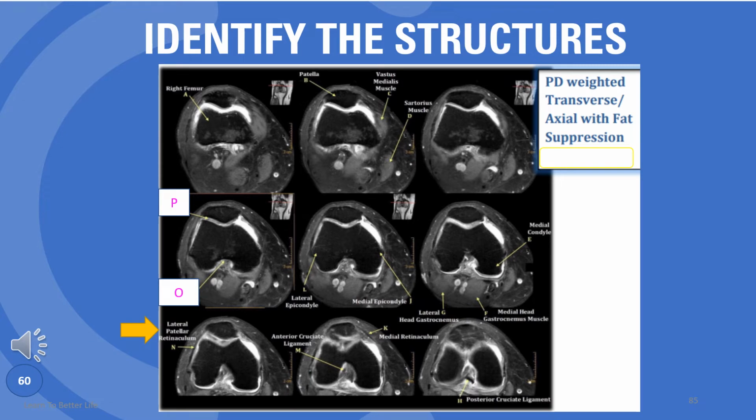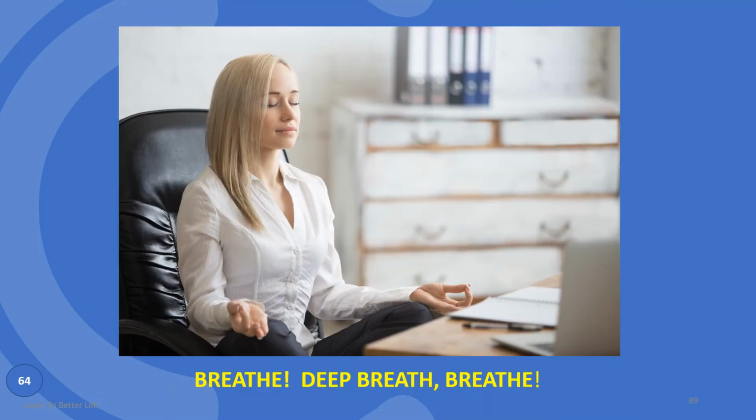N is lateral patellar retinaculum. O, intercondylar fossa. And P, articular cartilage. Did your head spin yet? This is proton density weighted, in transfer, axial plane, with fat suppression of the right knee.